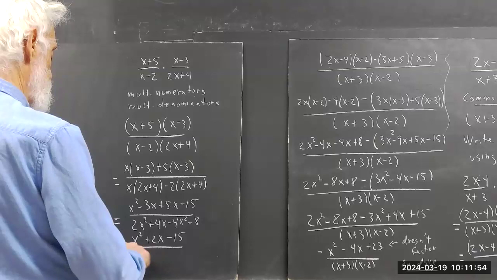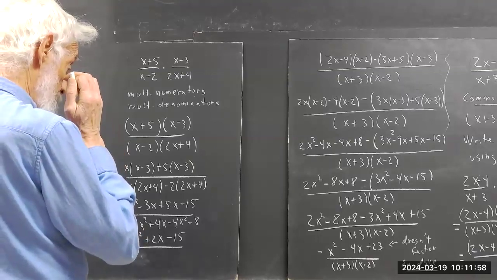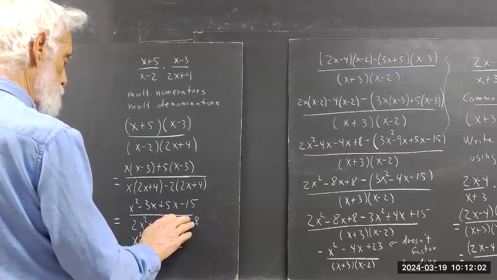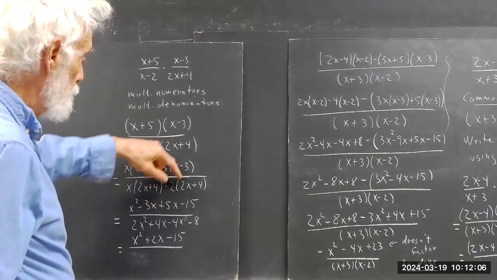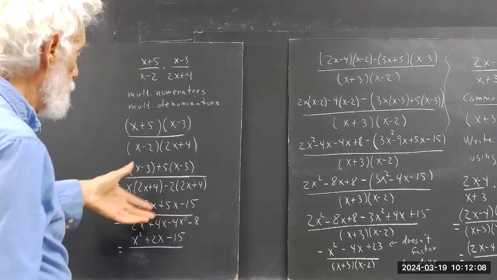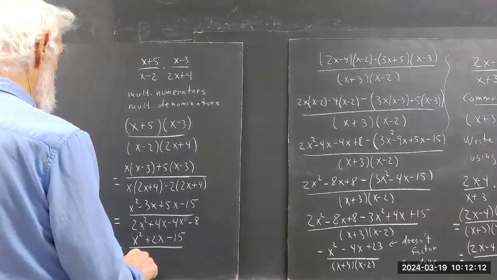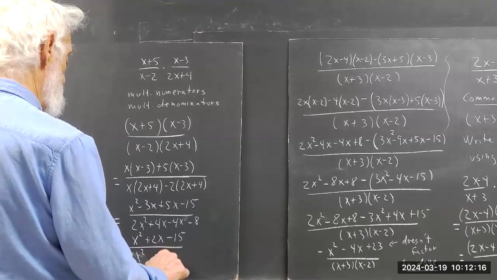Oh, sorry. We have 2x. 2 times 2x is 4x. Negative 2 times 2x is negative 4x, not negative 4x squared. And we have 2x squared minus 8.